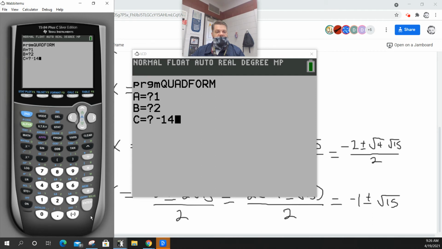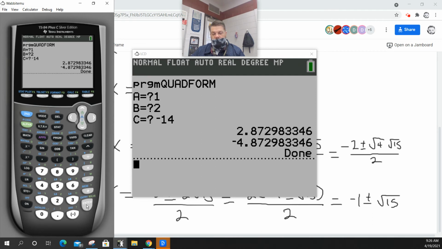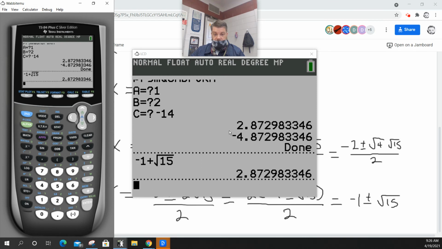Be sure to use the negative sign there. And I've got 2 numbers. Only one of them is positive, which leads me to believe that would be negative 1 plus the square root of 15. So I'm just plugging this in to make sure Mr. Adams did his math right. And I did. Yep, 2.87.